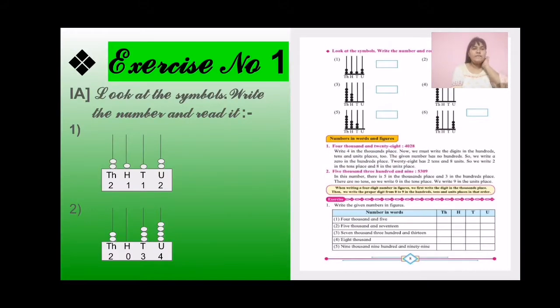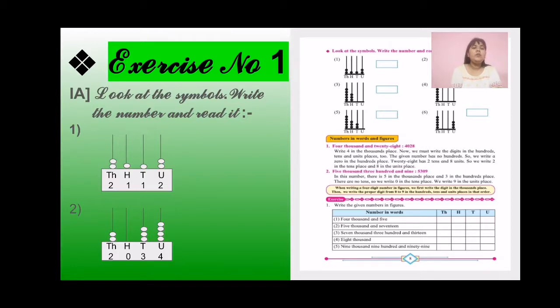So we'll solve our first exercise, number 1. First, look at the symbols, write the numbers and read them. So you have to draw this box and on that you'll write down Th, H, tens and unit, and you'll draw a line on it and you'll make circles as shown in your textbook.